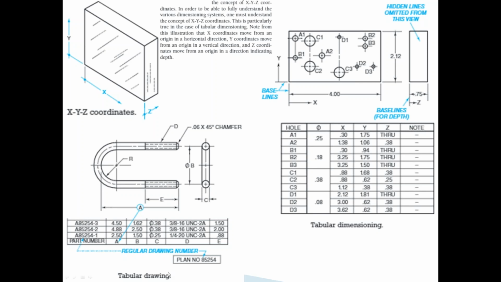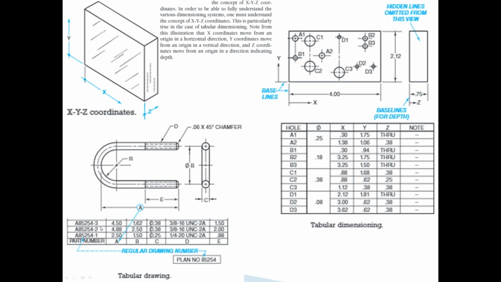And you can see that some of the dimensions we can use, instead of calling them out directly, we make a tabular drawing. You can see they're putting the dimensions here as A, B, C, D, E, and then you're going to have to create a table, because this part could be many different parts and could have a different dimension on each part.